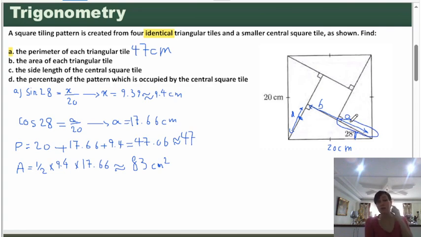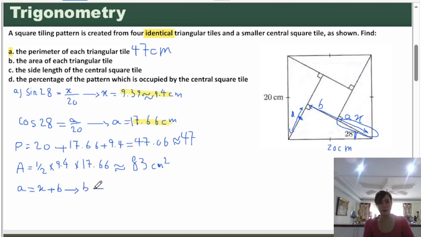And we said that all the triangles are identical, so it's x. So a was x plus b. And we know a is 17.66. a is here, x is here. So I will find b.